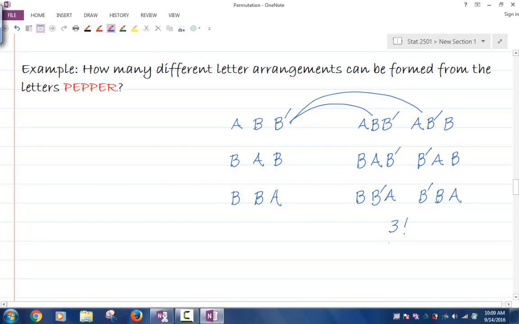So if I divide 3 factorial by 2 factorial, that's exactly what I'm getting. That's 3.